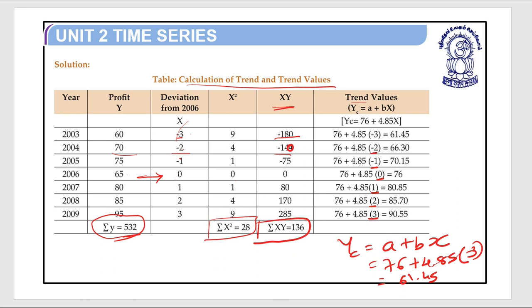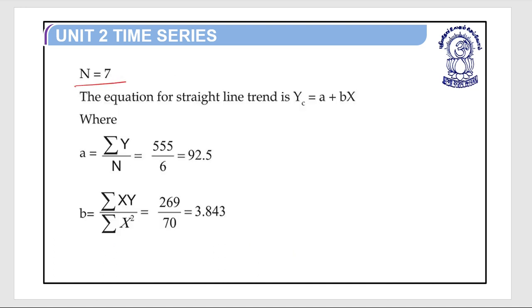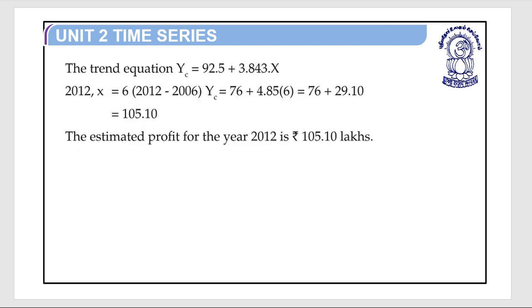Then you will get the trend values for those deviations. So n is equal to 7. The equation for straight line trend is yc is equal to a plus bx, where a is equal to sigma y upon n, is equal to 555 upon 6, is equal to 92.5. B is sigma xy upon sigma x square, is equal to 269 by 70, is equal to 3.843.